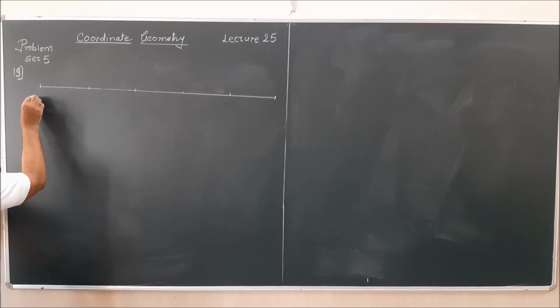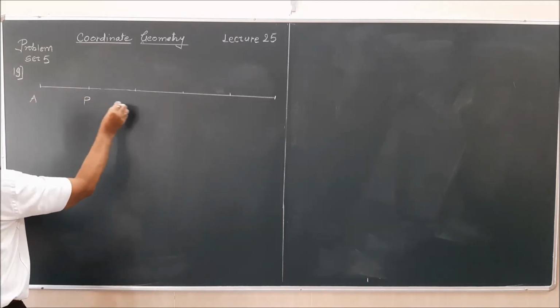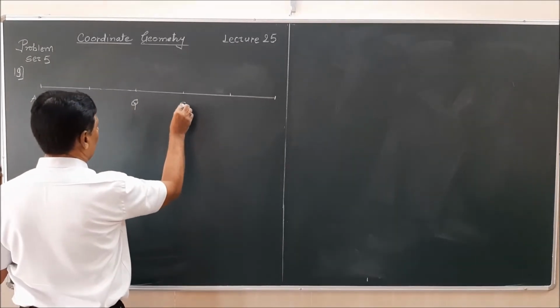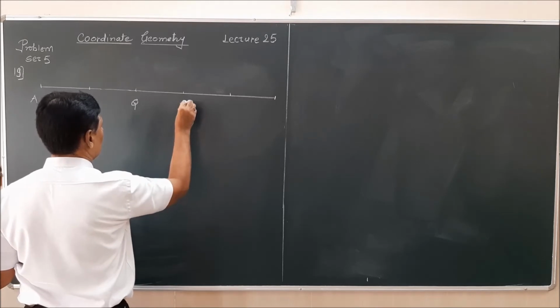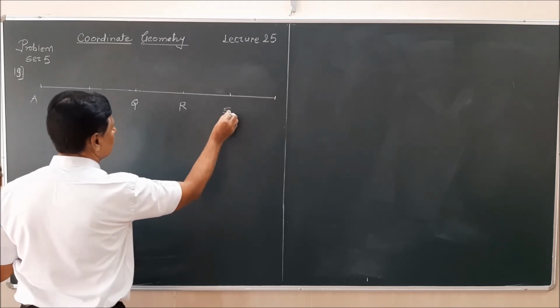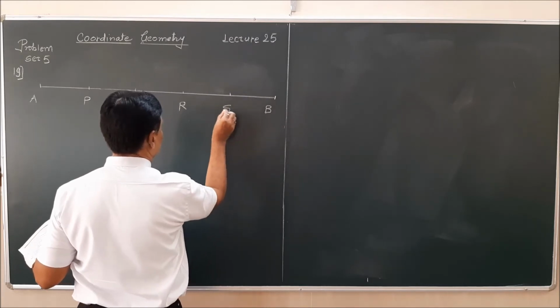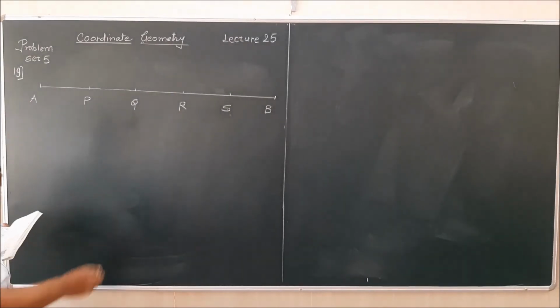A, P, Q, R, S and B. These all are collinear points.